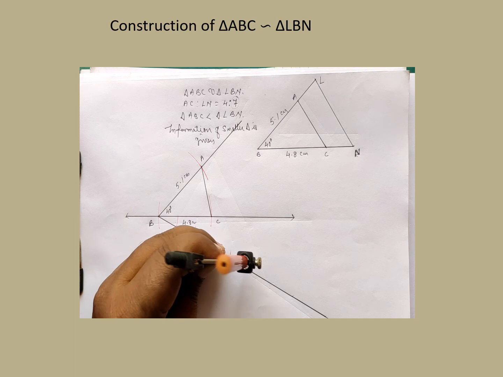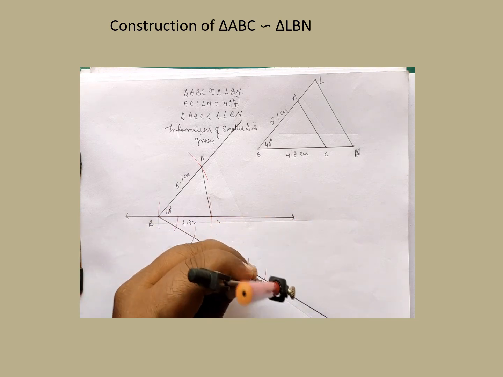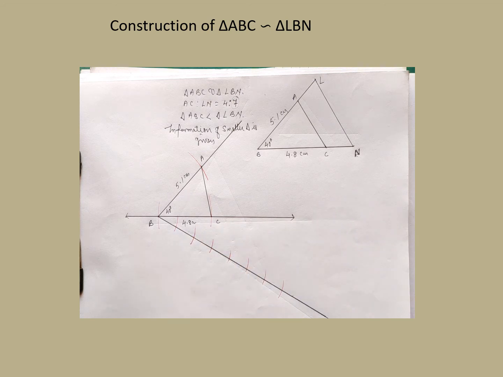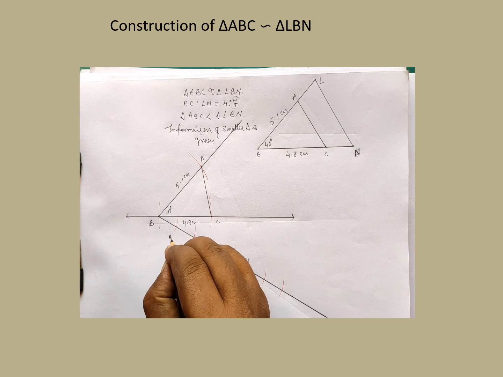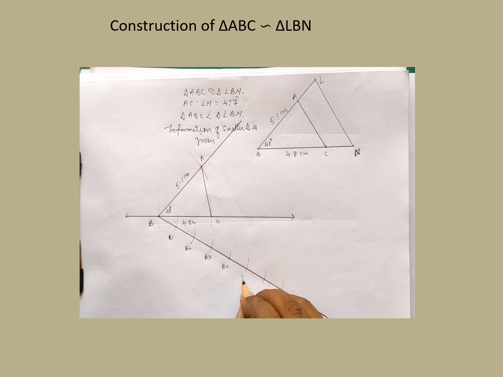Again, 5, 6, 7. Naming B1, B2, B3, B4, B5, B6, B7.